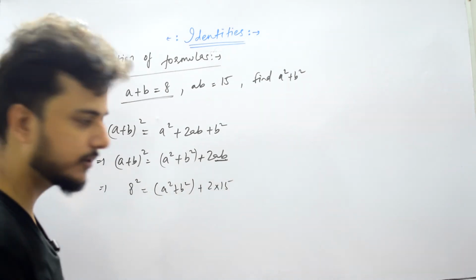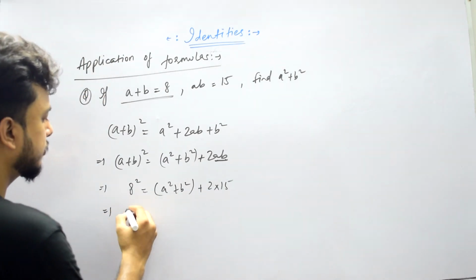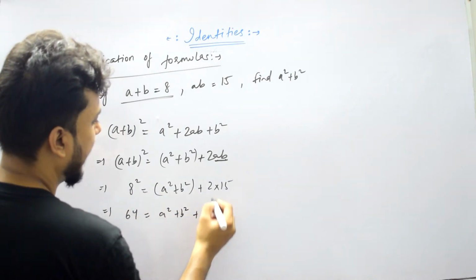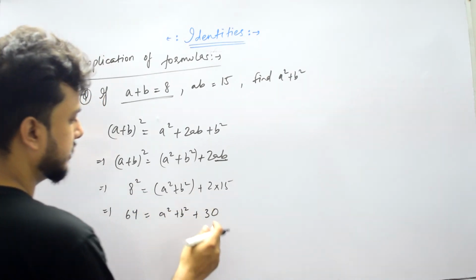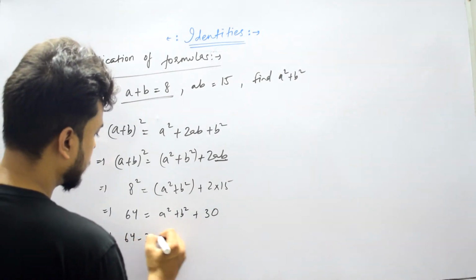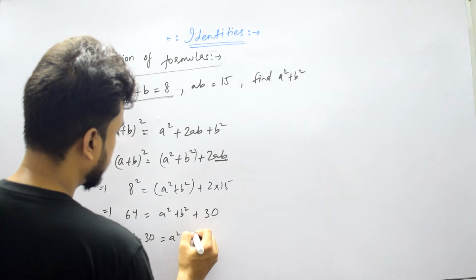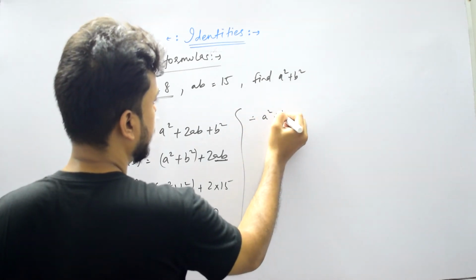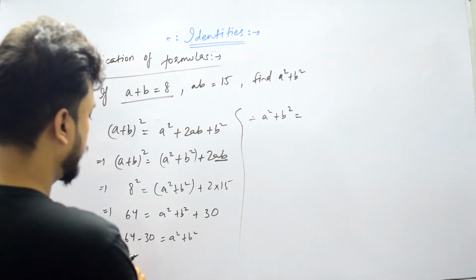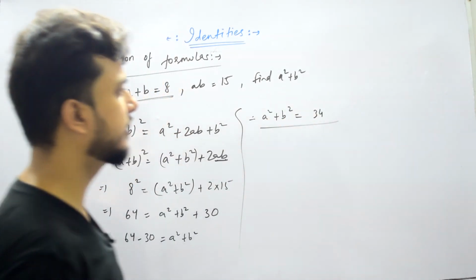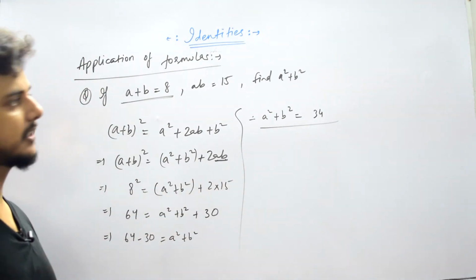Now 8 square is 64 equals A square plus B square plus 15 into 2, which is 30. Now this 30 will go to that side and become subtraction. So 64 minus 30 is A square plus B square. Therefore my final answer, A square plus B square, will be 64 minus 30, which is 34.